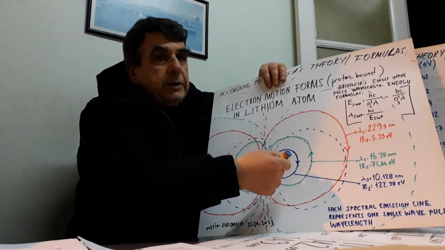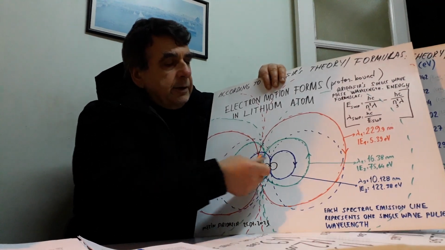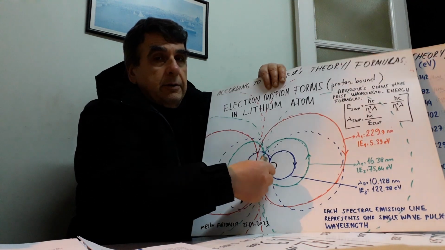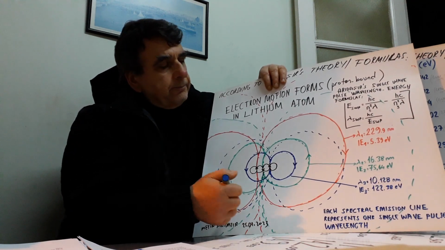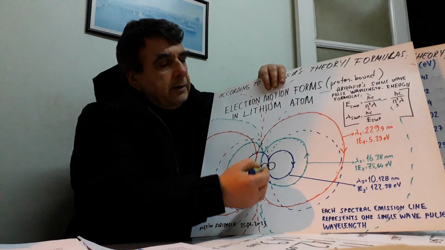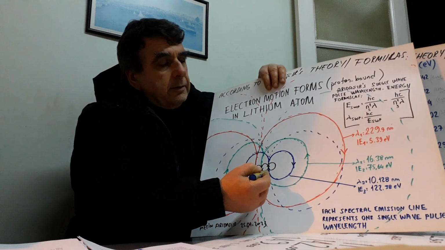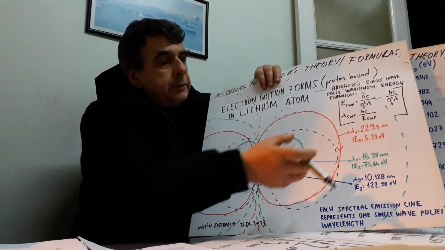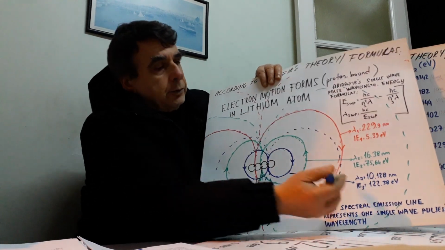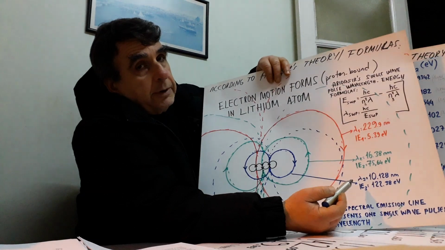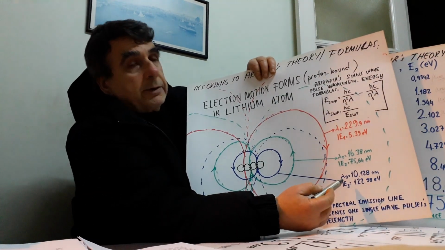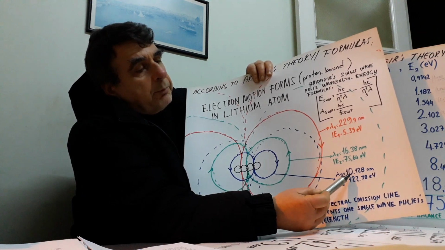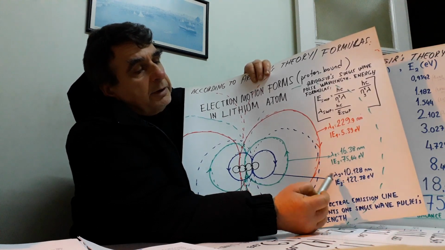But when these three protons coincide in order, as multi-protons, the first binding electron motion form shrank inversely proportionally from 91.155 to 10.128 nanometer.